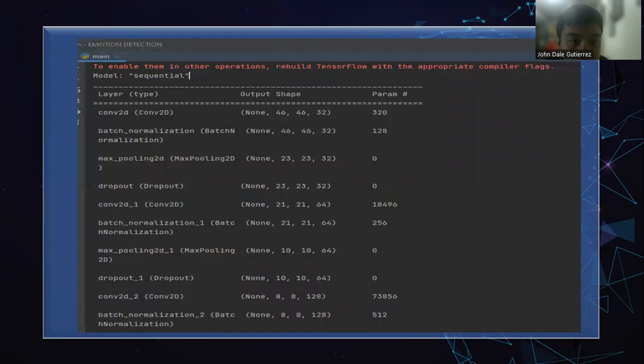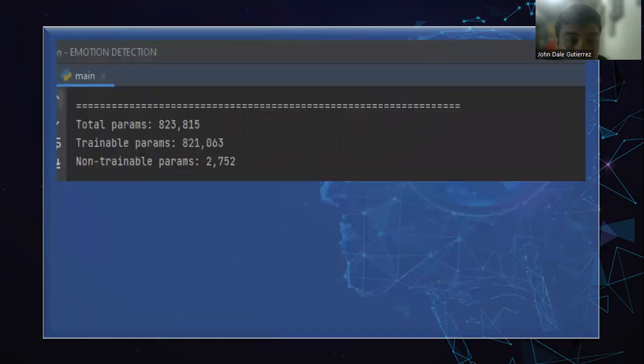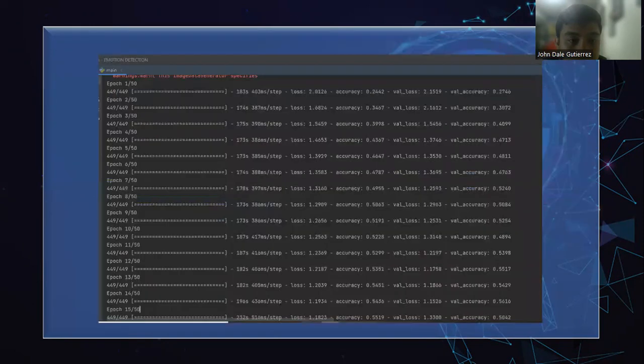This is the sequential summary of the first program, including all the parameters. In this slide, you will see all the parameters: the total parameters, the trainable parameters, and the non-trainable parameters.